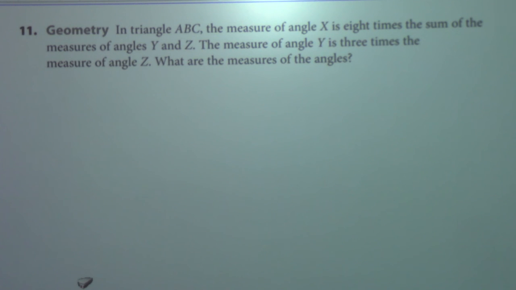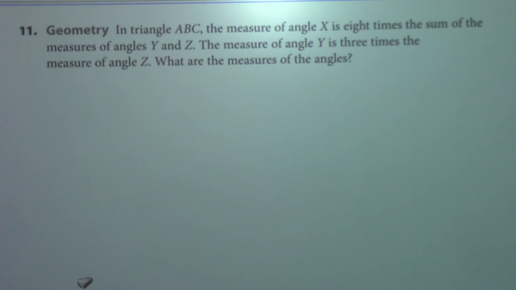Do you have an equation for an angle yet? An equation for this system yet? No? Is everybody just kind of lost on this? Yes. Okay.